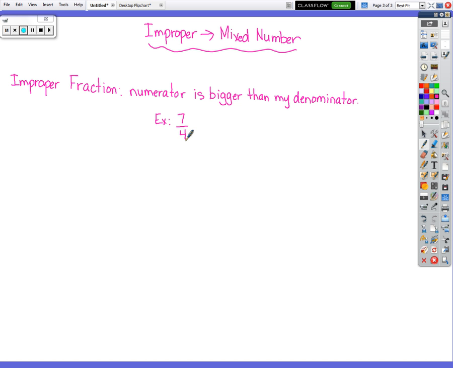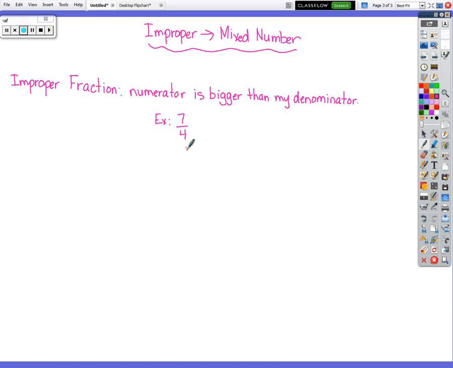If you look at this, the 7 is bigger than the 4. That's an improper fraction because with most of our fractions, the numerator is smaller than the denominator, such as 1/2, 3/4.